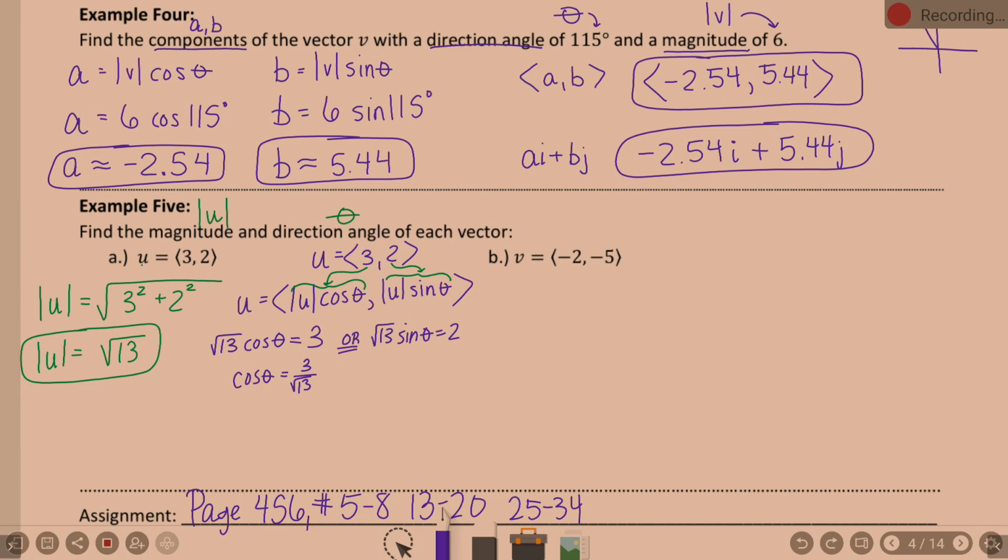How do I find theta? Do the inverse. Remember, if it's cosine theta, and you need to find theta, and you know what it equals, you can do the inverse. So theta is cosine inverse of 3 over square root of 13. This obviously is a calculator deal at this point, right?